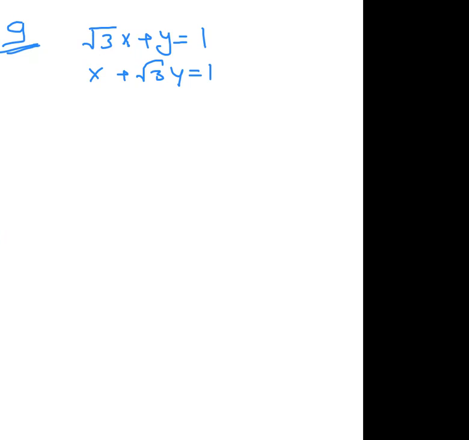So to calculate the angle between these two lines, we have many techniques to solve. So one I am applying, that is tan phi is equals to m2 minus m1 upon 1 plus m1 m2 mod.